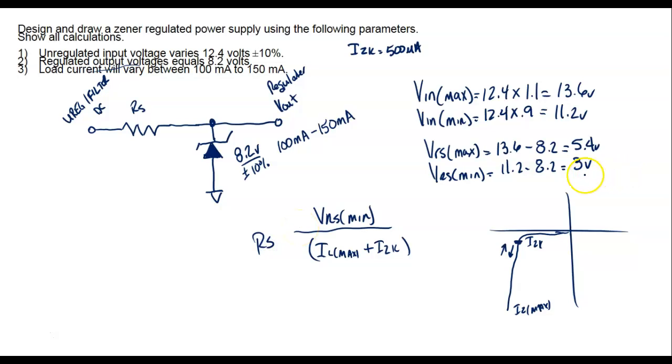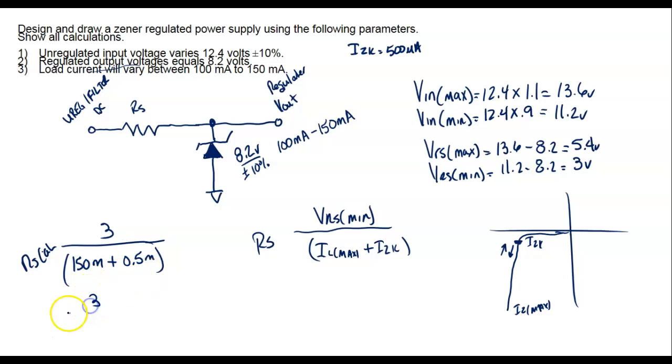So what's my minimum voltage? 3 volts. What's my maximum current? 150, and then plus 500 microamps. So here it's 0.5 milli, so the math is a little easier. So that's going to be 3. So RS calculated is going to be what?